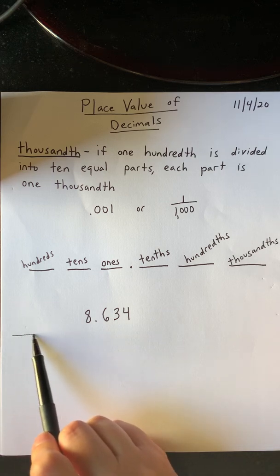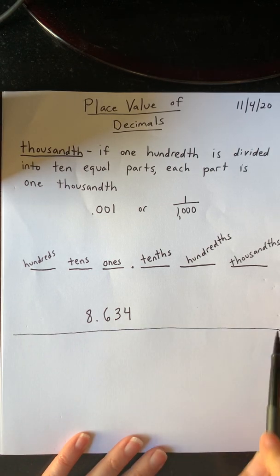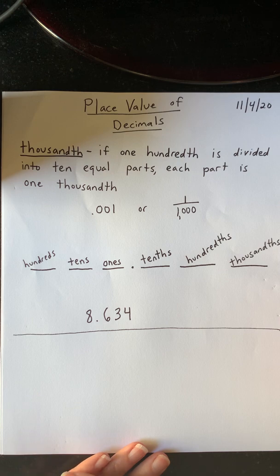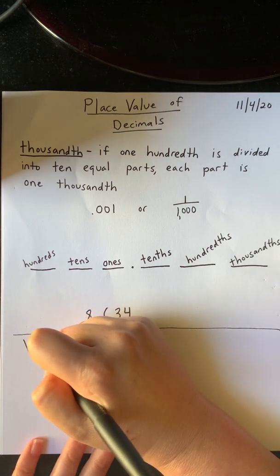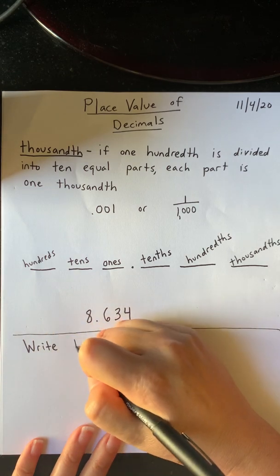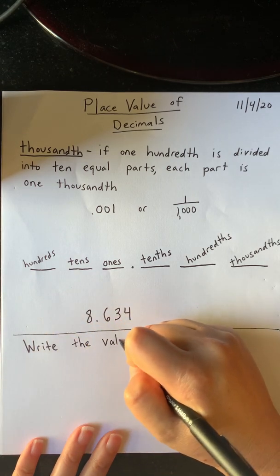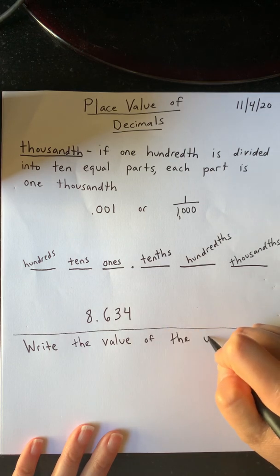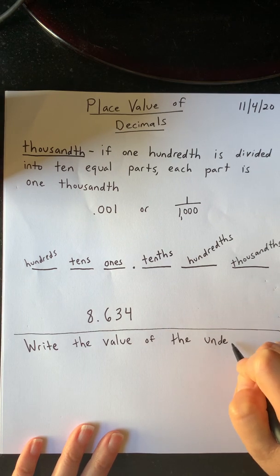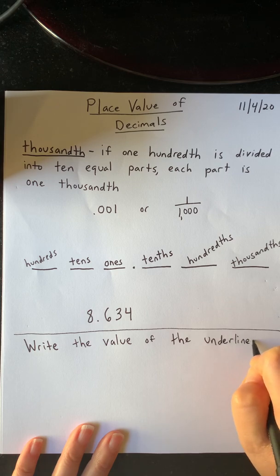So I'm just going to go ahead and draw a line. In our first example, well, actually, first I'll go ahead and write the directions. It's going to say, write the value of the underlined digit.